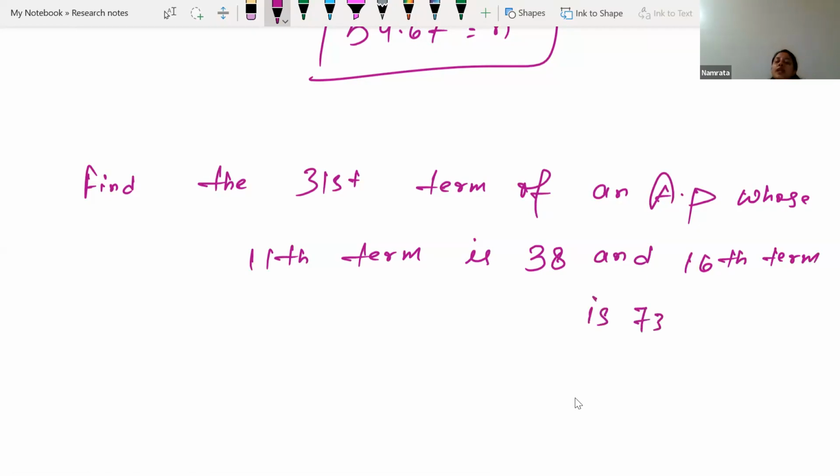We already know the 11th term is 38. We already know the 16th term is 73. Let's continue from here.